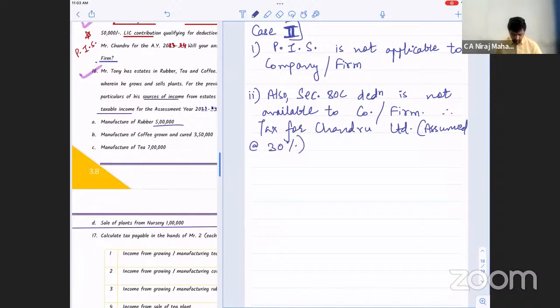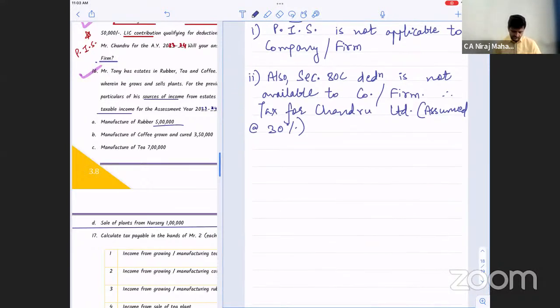I am purposely taking 30% because it is 30% for a firm also. I hope you know for companies, especially domestic companies, you have two rates of taxes. In fact, there are four, more than that, but normally speaking, 30% or 25%. So I'm taking right now 30%. Tax for Chandru Limited will be calculated on 4.4 lakhs or 4.5 lakhs?